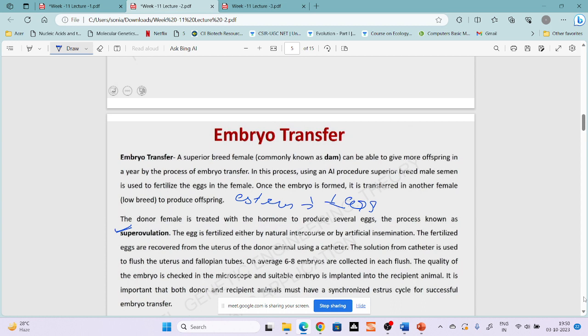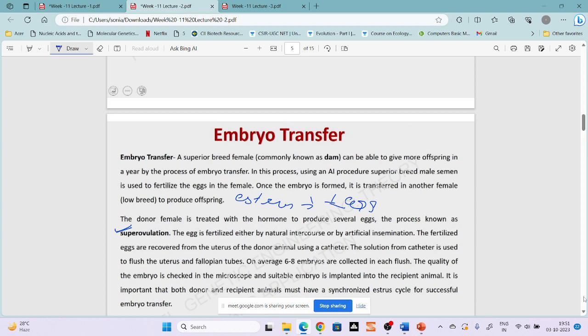So ultimately in one cycle you get more fertilized eggs, and then you collect all those fertilized eggs using a catheter and transfer them into different females. Those females need not be of very superior quality, because you have already taken the DNA from that egg. The recipient need not be a superior quality female during the transfer. Okay, so this is how this takes place.